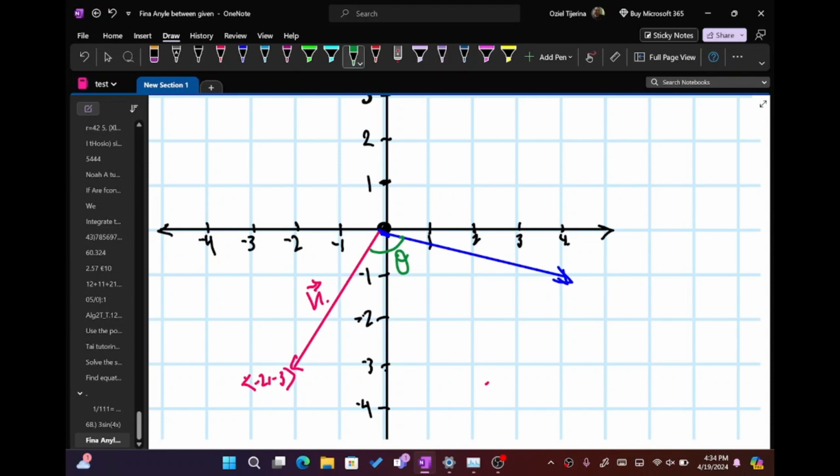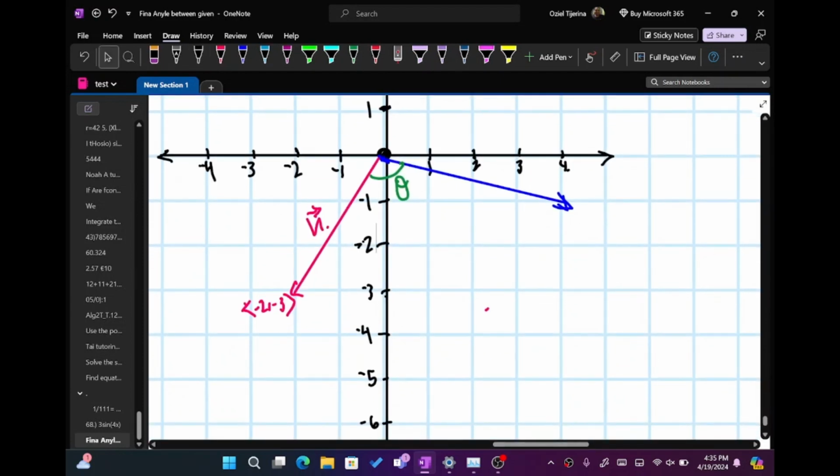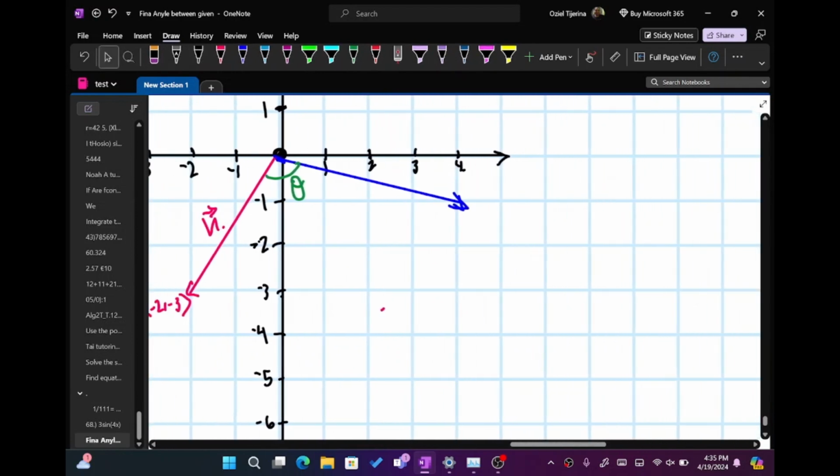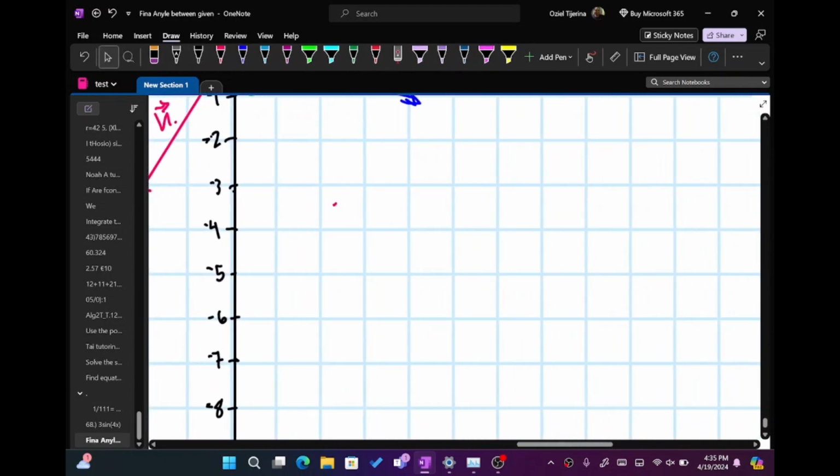So I forgot what it was. Oh my goodness. Hold on, guys. Okay, guys. So I'm not going to draw the other lines and make a triangle like that. We're just looking at these two vectors, okay?